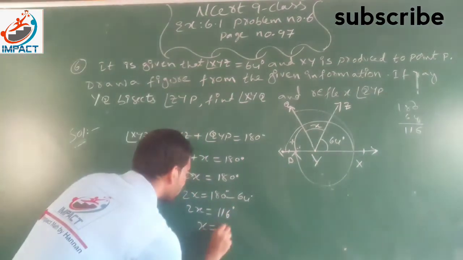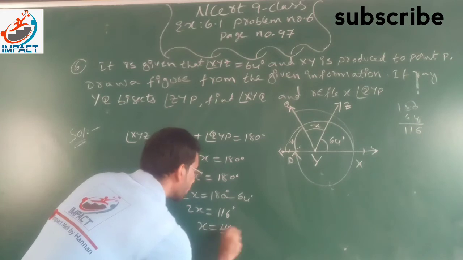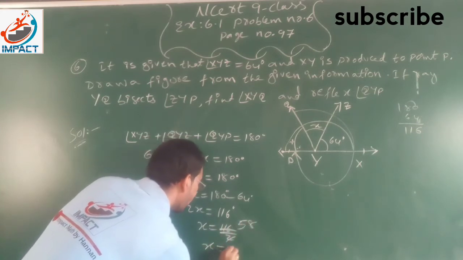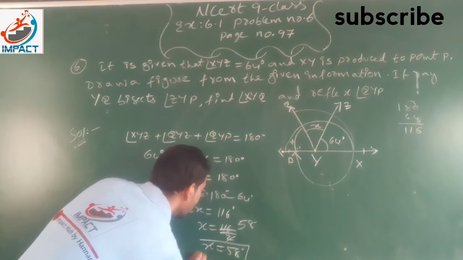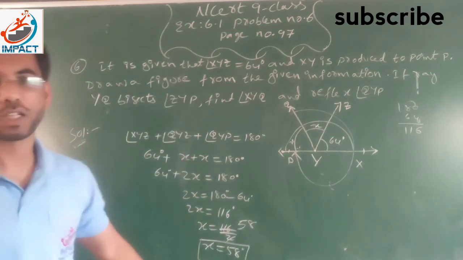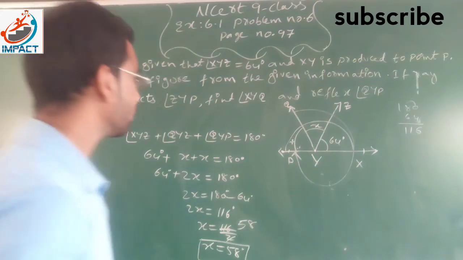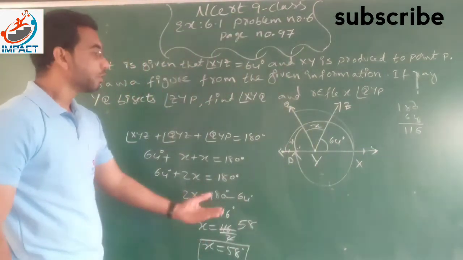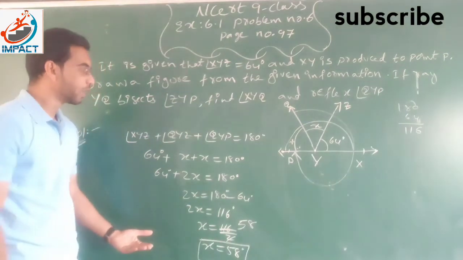Then x is equal to 116 by 2. Two ones are two, five twos are ten, eight twos are sixteen. X is equal to 58 degrees. Now we are going to find the reflex angle.